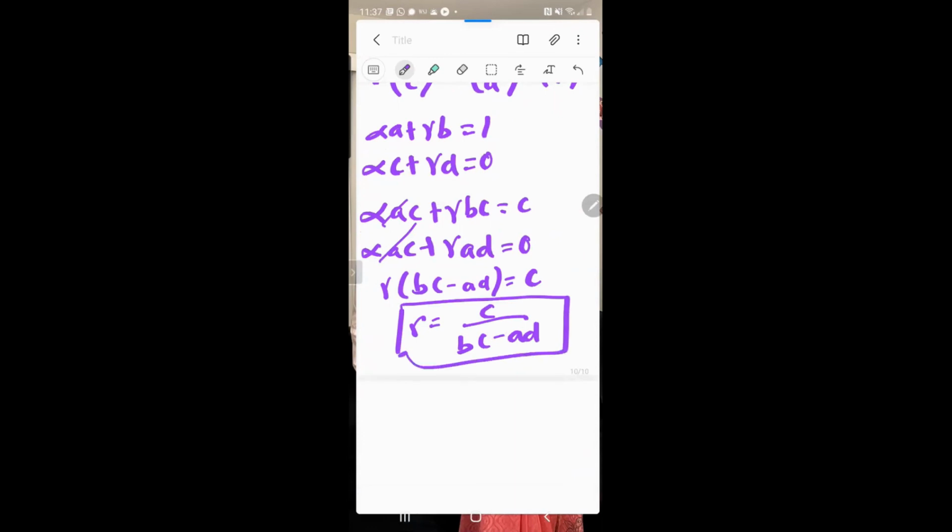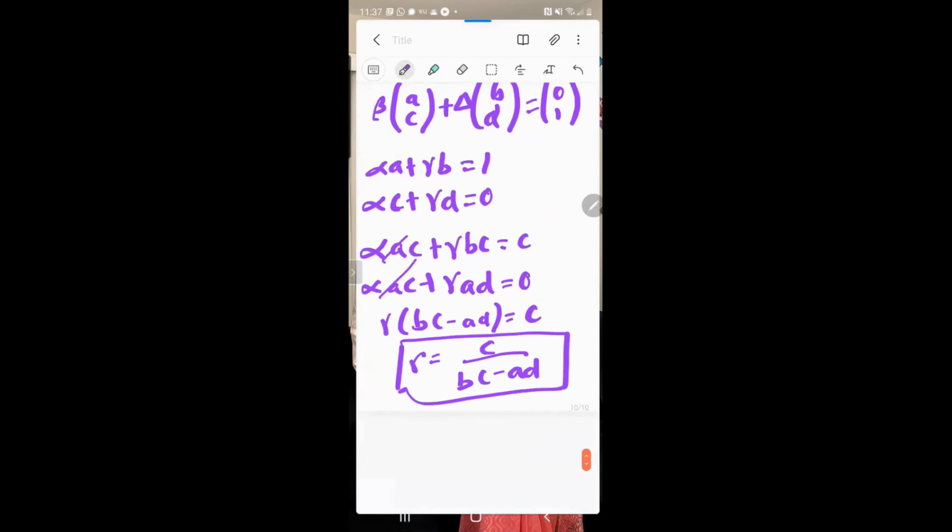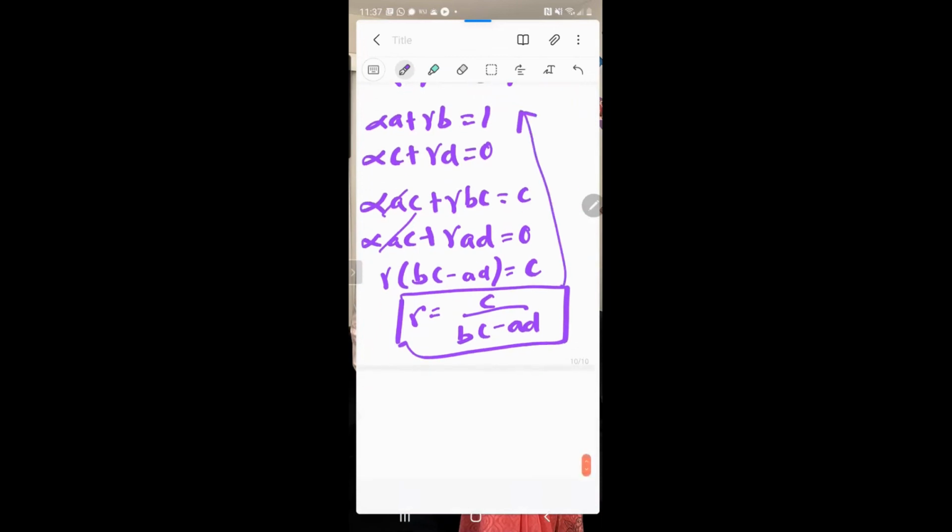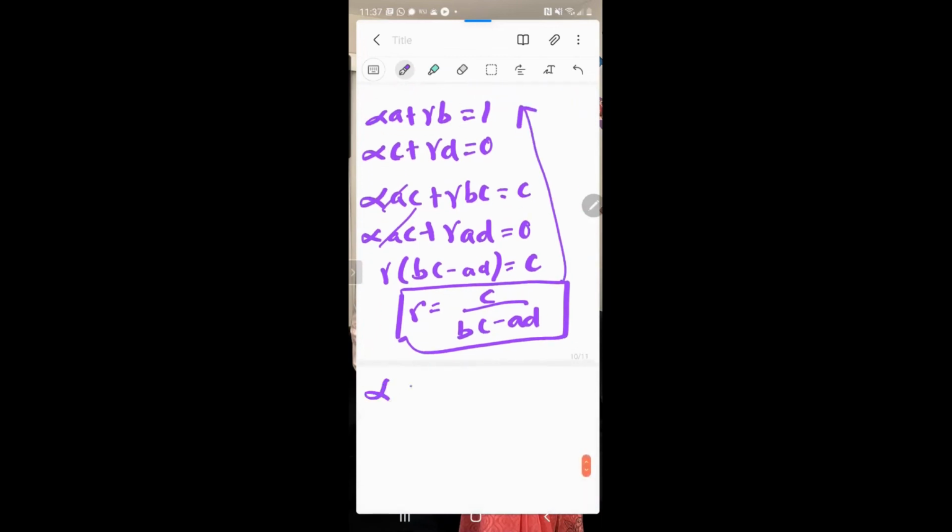So I found out my first point. All I'm doing is doing the same thing that we did with numbers, just with letters, so that we'll find out what's the general solution for a matrix inverse. Now I substitute this back here. So alpha C plus C over BC minus AD times D is equal to 0.